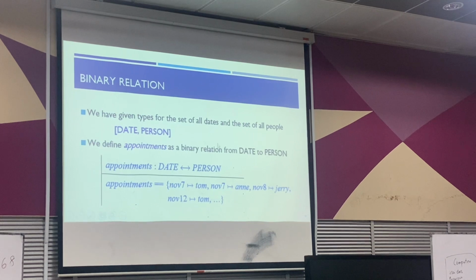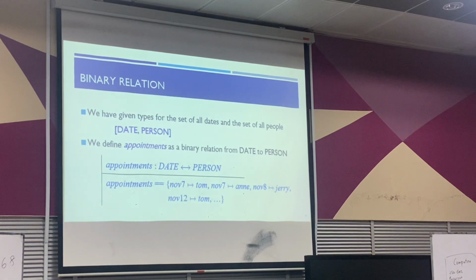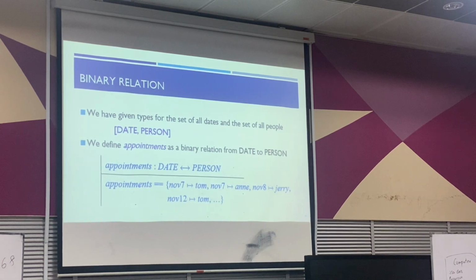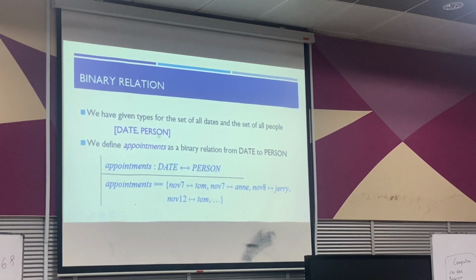Okay, so this is another example from just now. For example, appointments. I have two basic types, date and person. For this date, I don't care what the format of date is. If let's say you want to be specific, then you do the Cartesian product as just now. But here, no specific format for date, just to say that it is a date. You can use date in terms of day, month, year, or month, day, year, whatever, it is up to you. But here I don't have the format for date, so I just say date only. This is the date, this is a person.